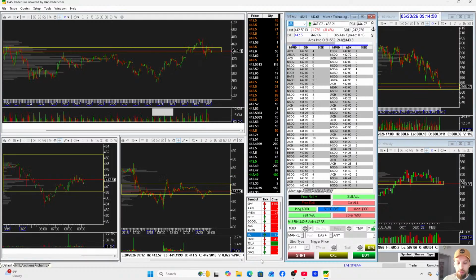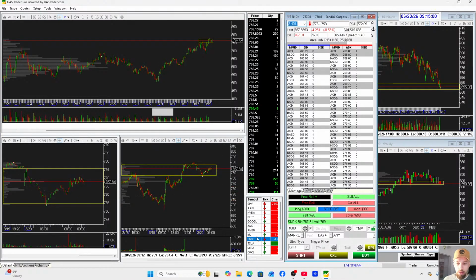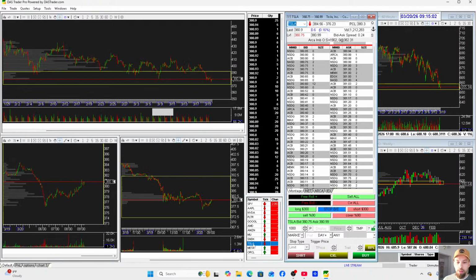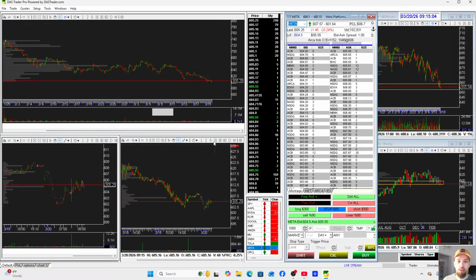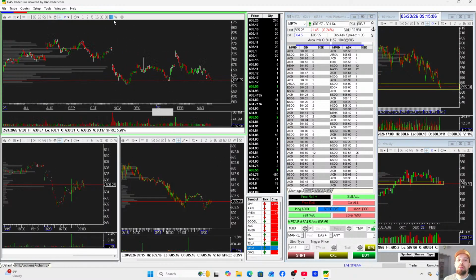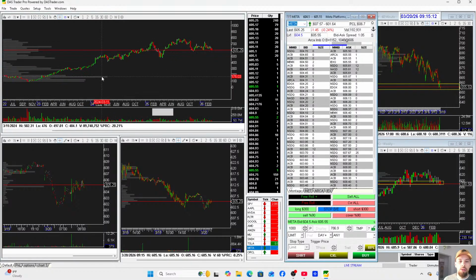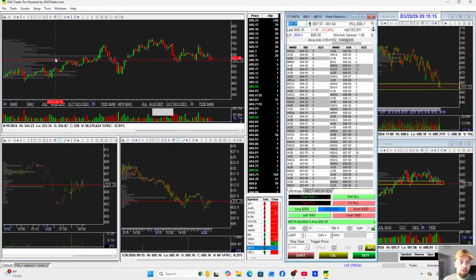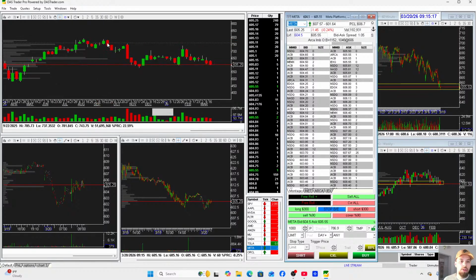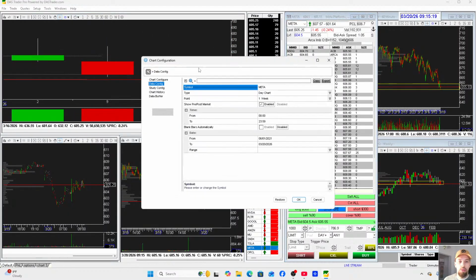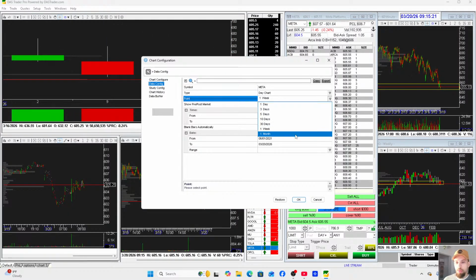MU's charted up, SanDisk charted, Tesla, Meta. Let's look at Meta. Where is Meta going? Pretty significant area of support. See if we can pull up the month.